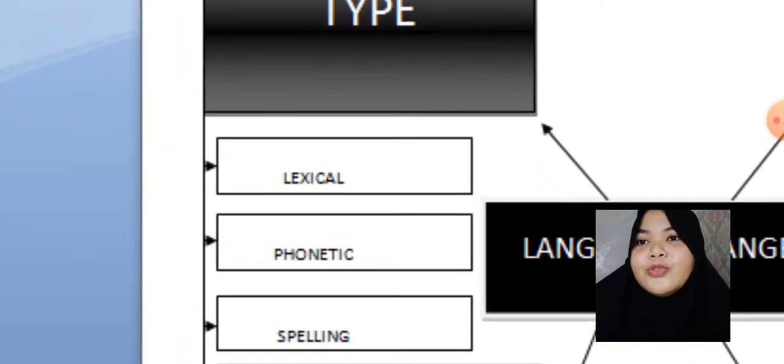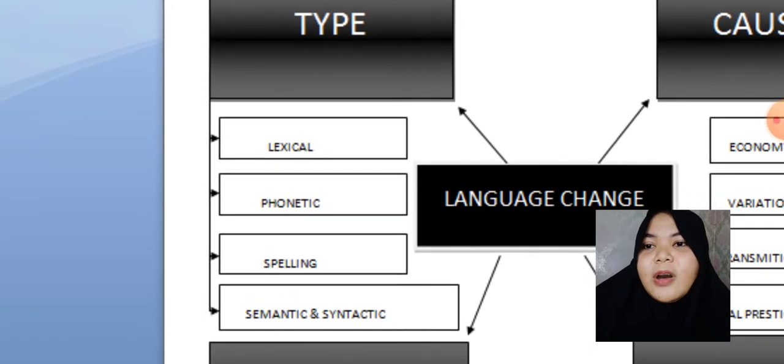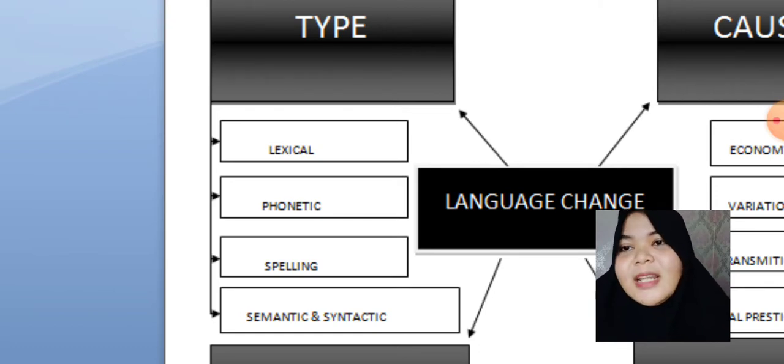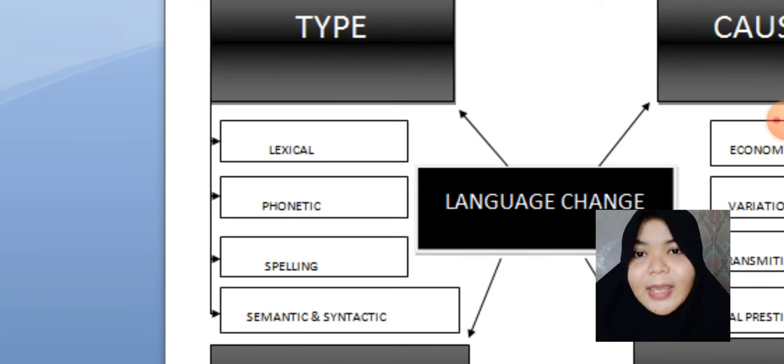Now let's go to the types. The type of language change could happen in lexical. So the first one is lexical. Just like before, I already told you about the apron. It's from an apron to apron.